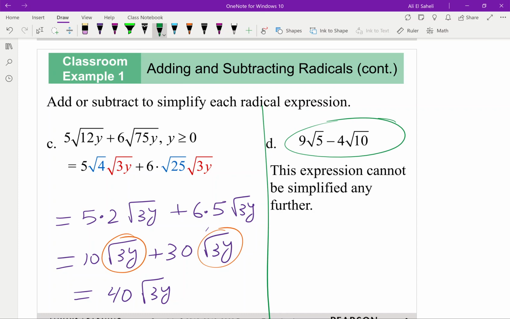Over here, we have totally different radical terms that cannot be manipulated to get similar radical terms. 5 is a prime number, so radical 5 is radical 5. Radical 10 is radical 2 times 5.